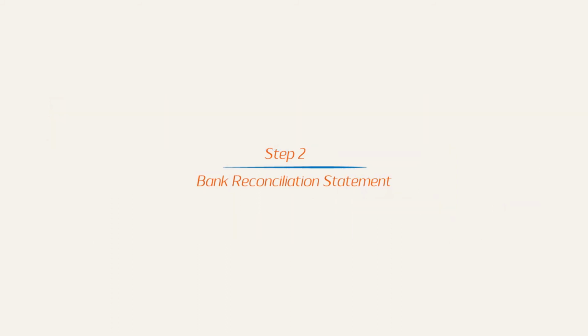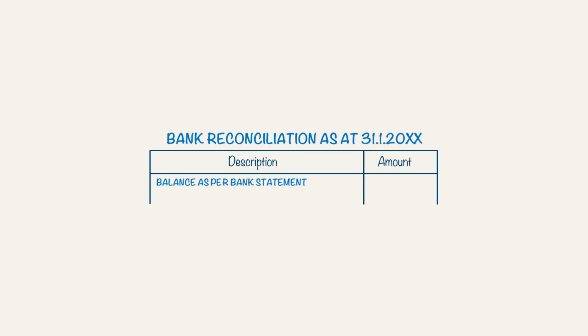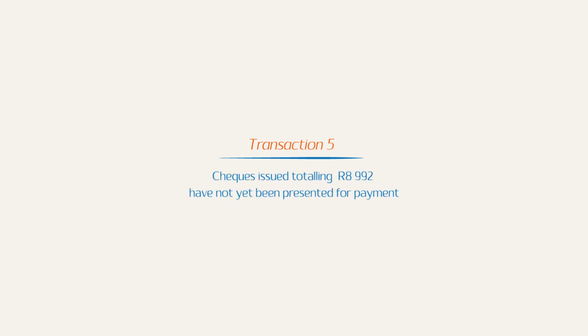Part 2. Now we take a look at the second part of the bank reconciliation, where we account for all transactions that have been processed in the business cash book but have not yet been accounted for on the bank statement. You use the opening balance for the bank statement that has been given at the beginning of the question. Transaction 5. Checks issued totaling R8,992 have not yet been presented for payment.